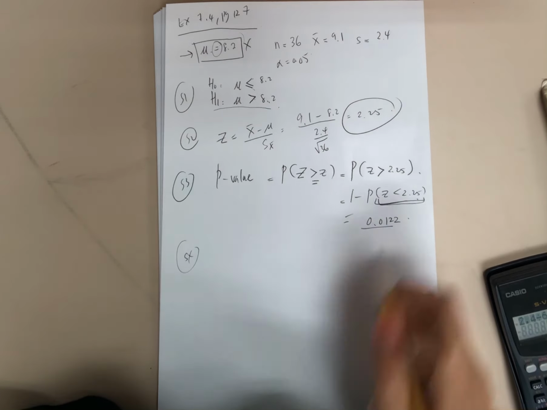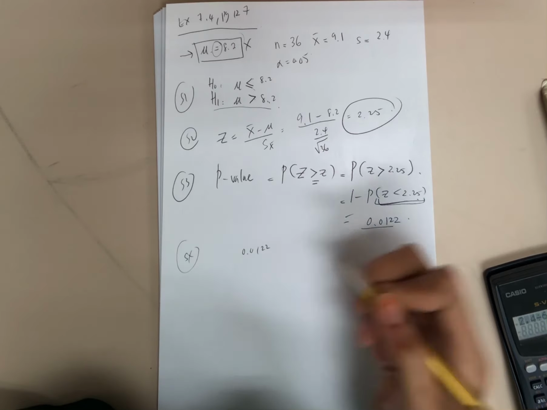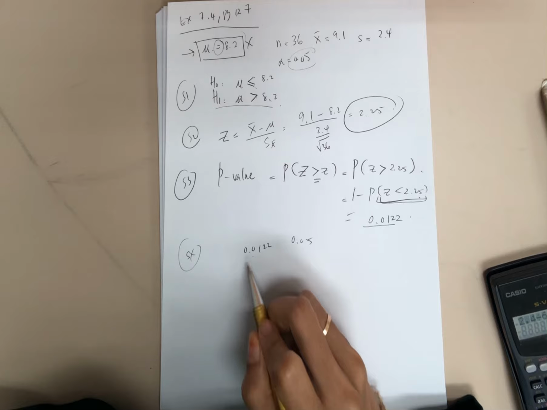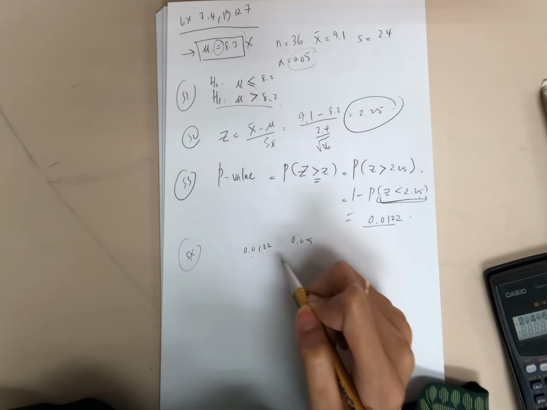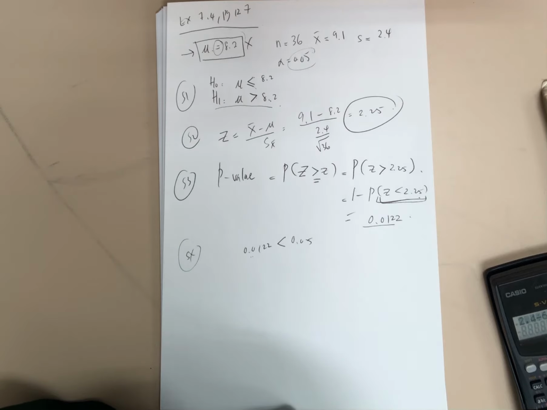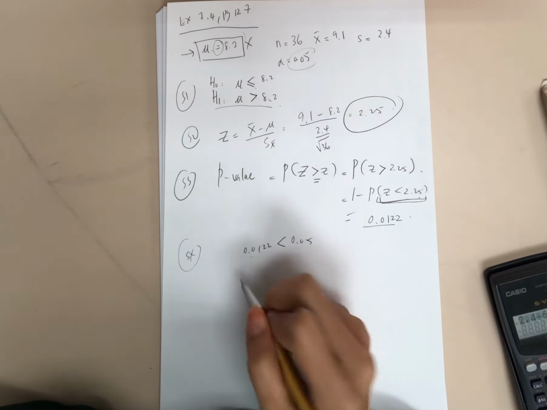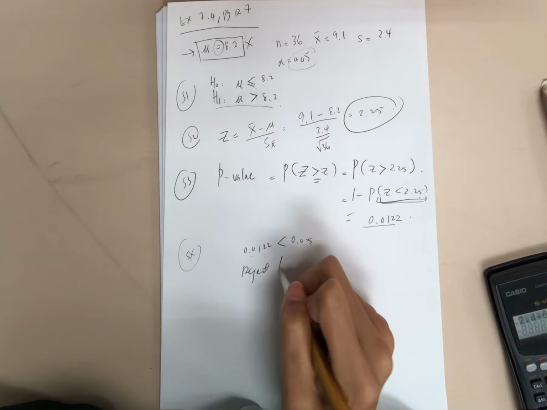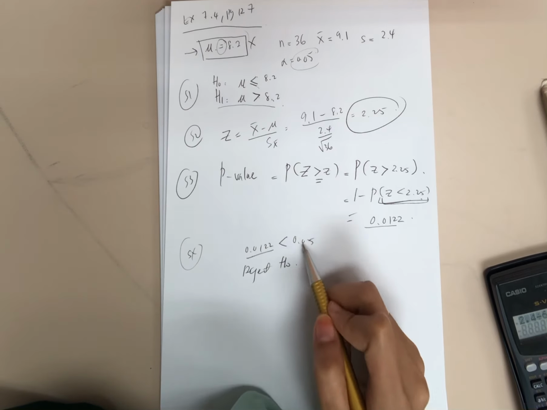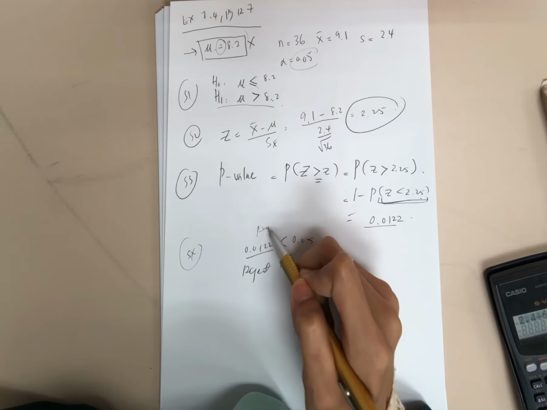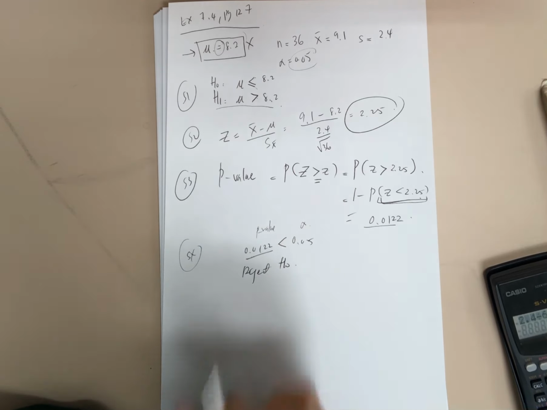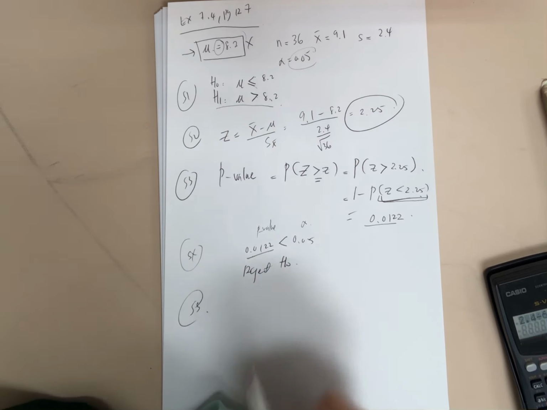So your p value is this one, and what is your alpha? 0.05. Is 0.0122 less than 0.05? Yes, it's less than. So p value is less than alpha, therefore we reject H naught.